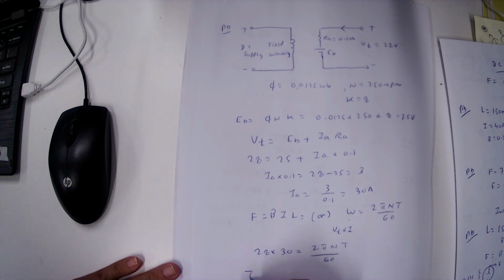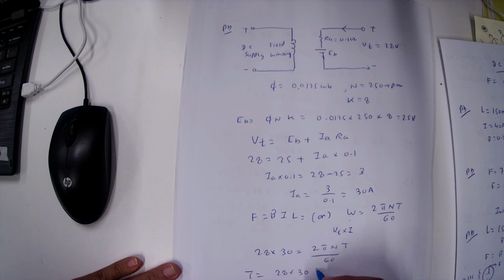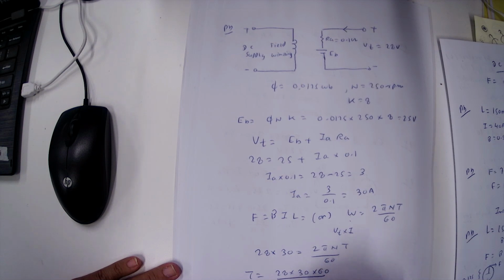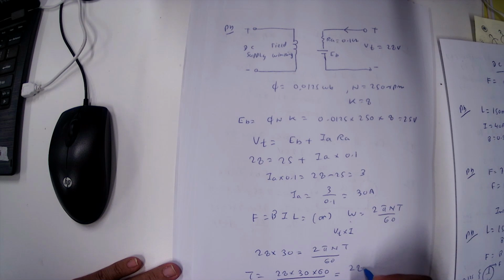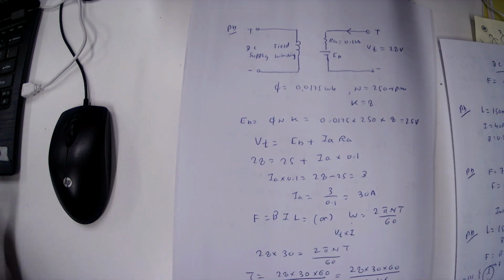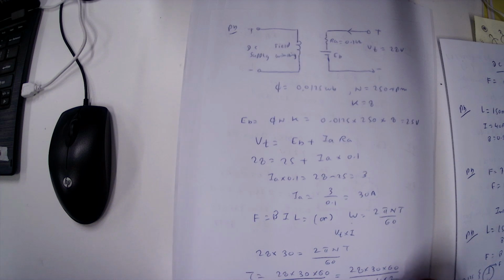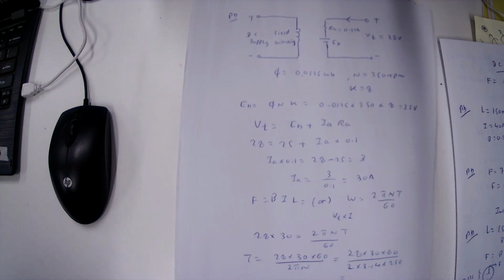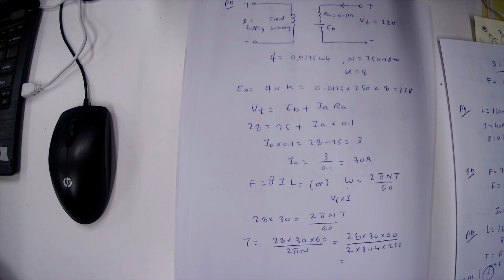So T can be calculated: 28 multiplied by 30 multiplied by 60 divided by 2 pi N. So 28 multiplied 30 multiplied 60 divided by 2 multiplied 3.14, and now the machine is rotating at the speed 250 RPM. Then you can calculate the torque. So that will be 28 multiplied 1800 divided by 6.28 divided by 250. So you got 3 Newton meter.